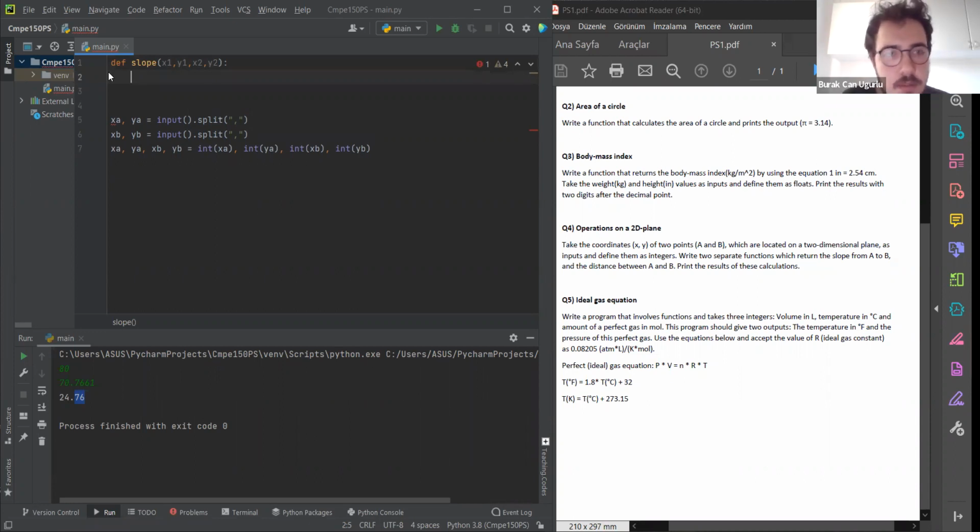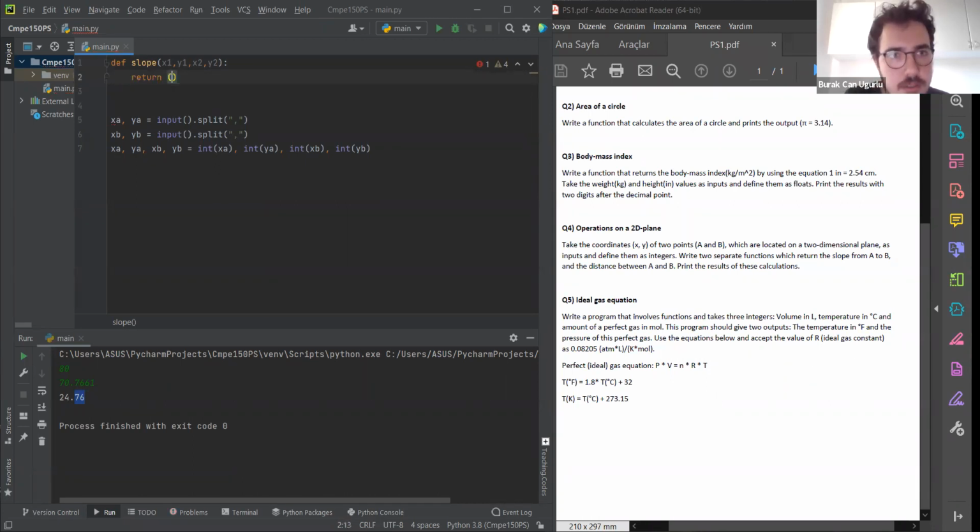So what's the slope? Slope is the difference between the y coordinates divided by the difference between the x coordinates, and we are going from A to B. Then we should subtract the coordinates of A from B.